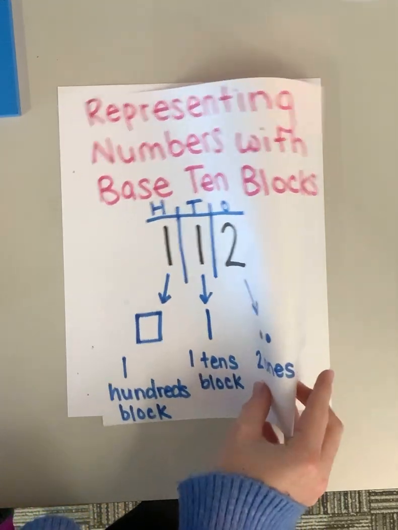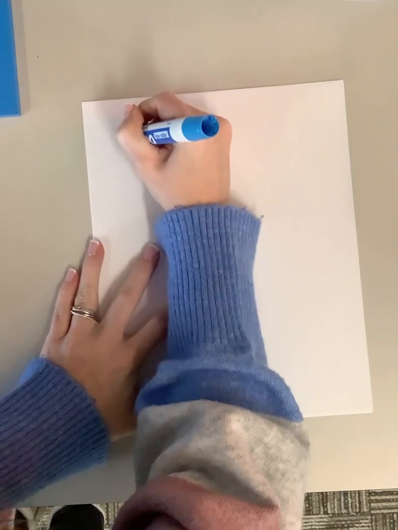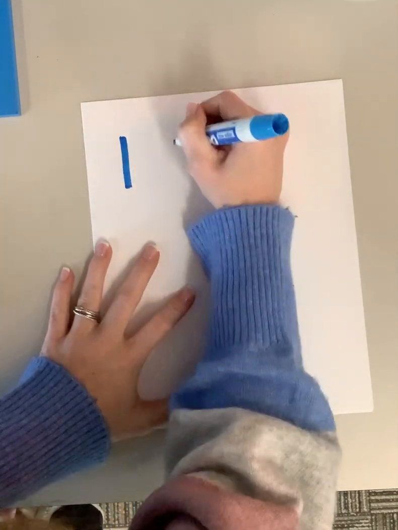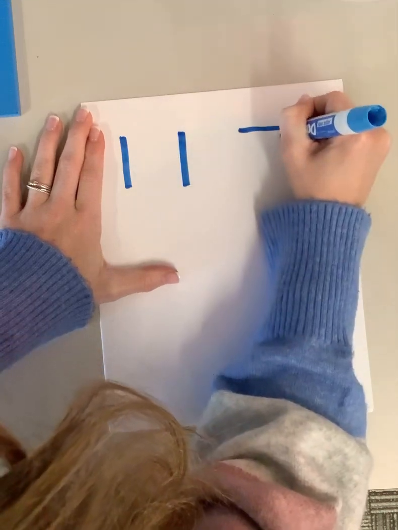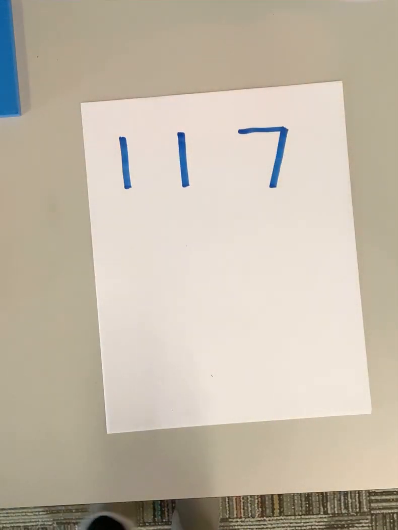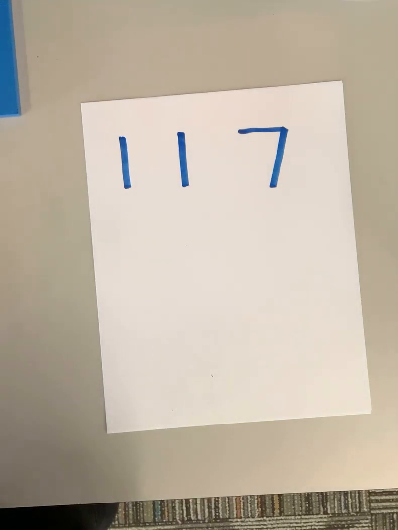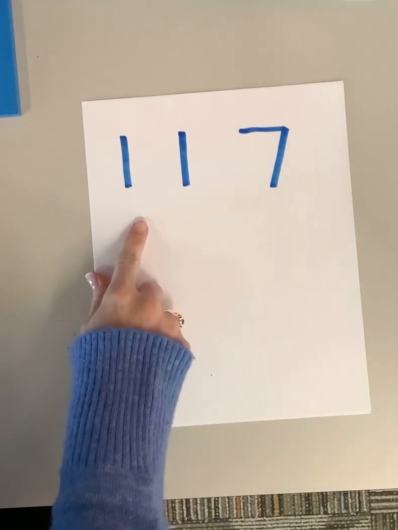Let's practice with some other 3-digit numbers. Let's say I have the number 117. Big number, huh? That's a lot. Well, we're going to practice using our base 10 blocks to represent this number.